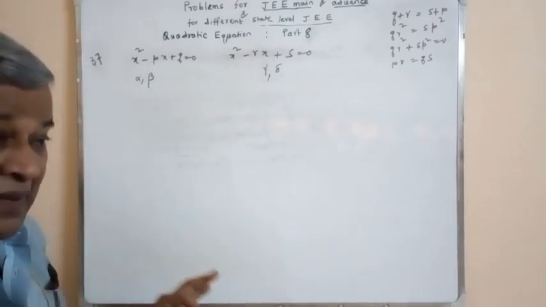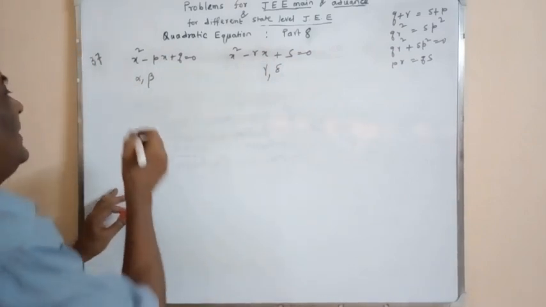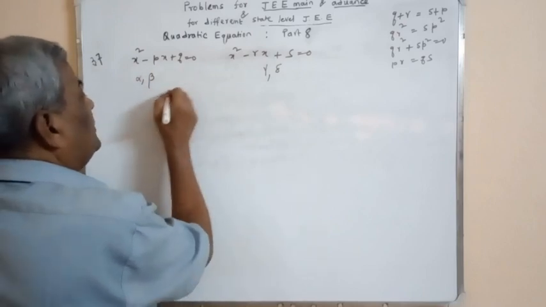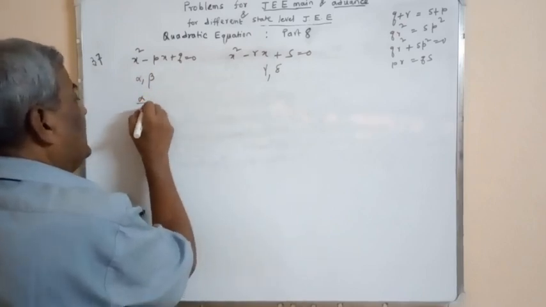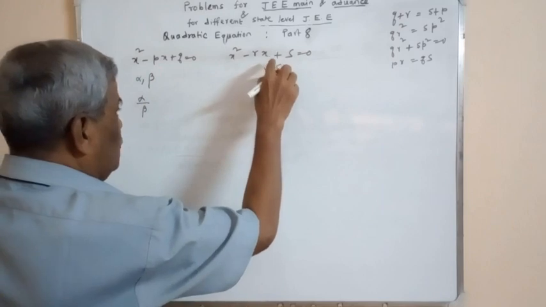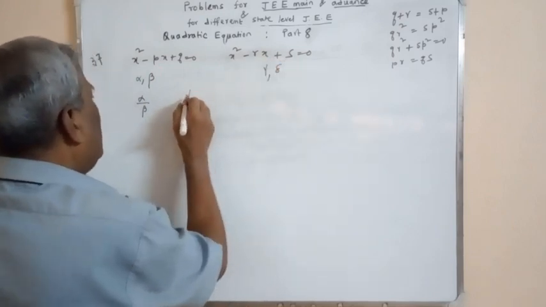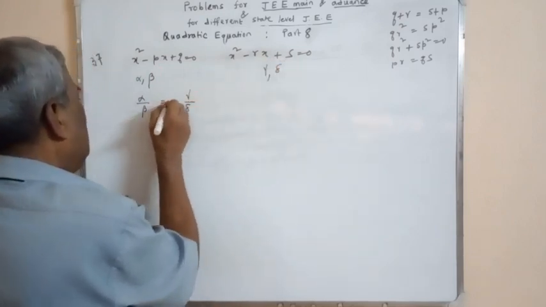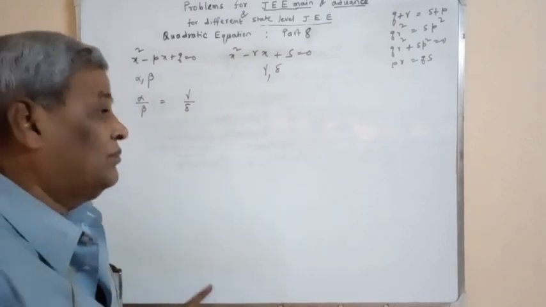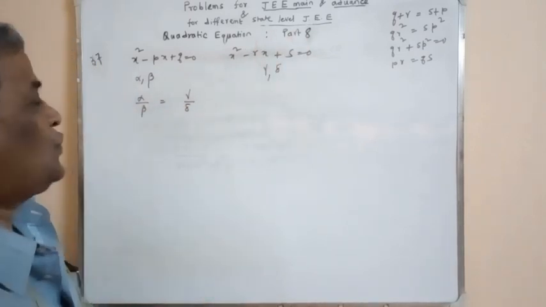Then we are given one extra condition that the ratio of the roots of this, that is alpha by beta, and the ratio of roots of that, gamma by delta, are the same. Then which one is true?